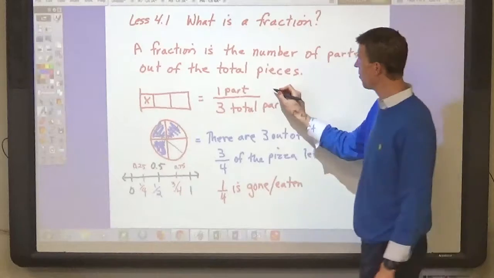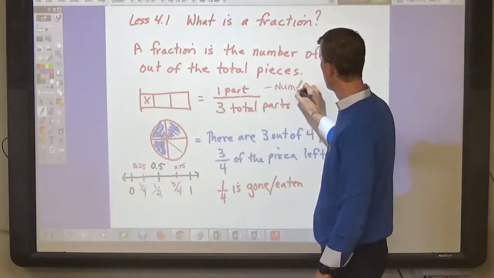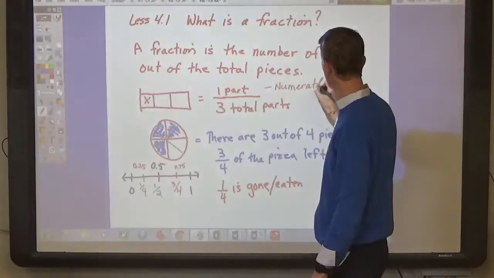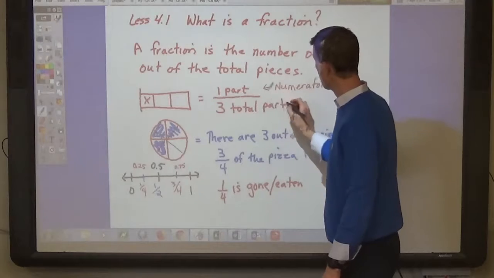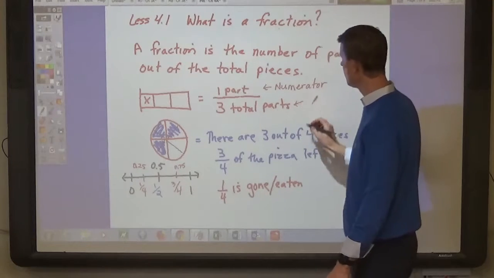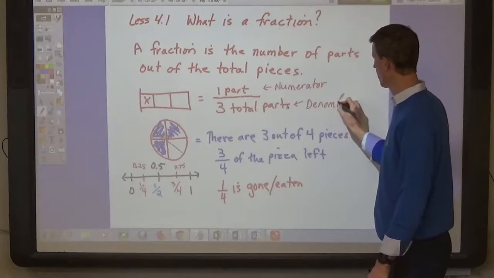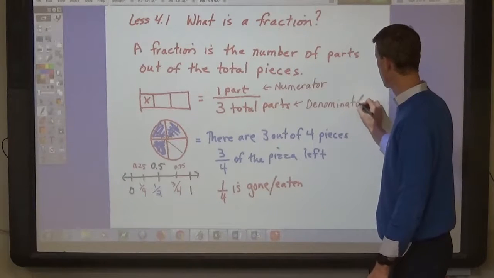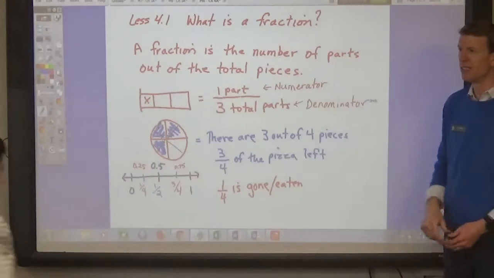The top number is called the numerator in a fraction. And the bottom number is called the denominator. So the numerator goes over the denominator.